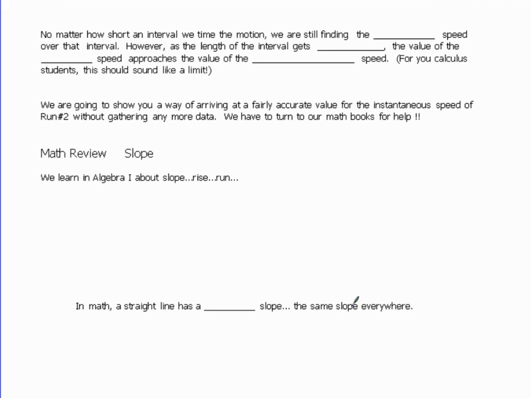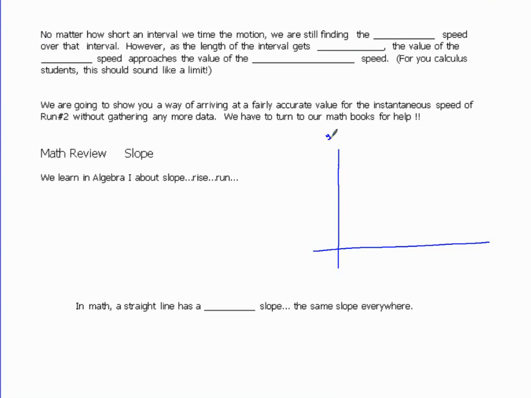We are towards the bottom of page 5 and a quick math review on slope. So we learned in Algebra 1 about slope, something about rise, something about run. I'm going to draw a graph here.